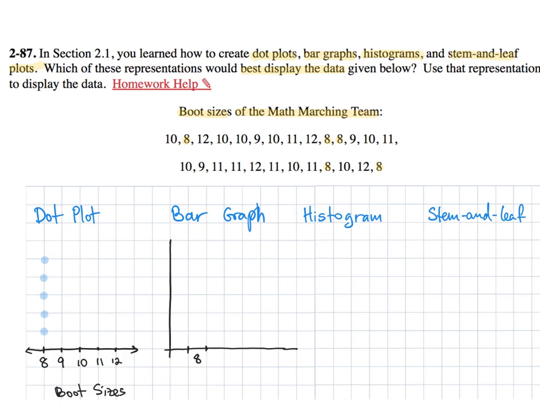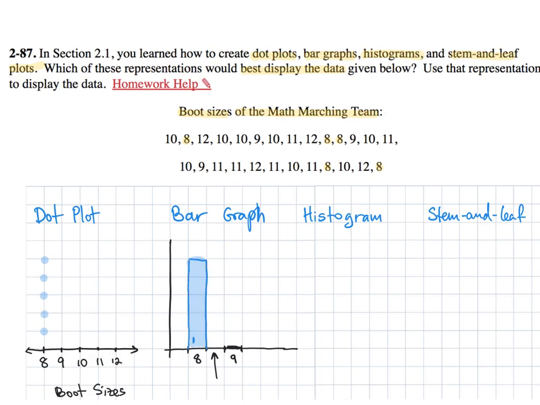Then with spacing, I'm going to skip a space and go from here to here, which will be size 9, and so on. When I'm representing that size 8 has 5, let me use the highlighter. I'm going to highlight 1, 2, 3, 4, 5 squares above it. That will be considered a bar graph for the 8.